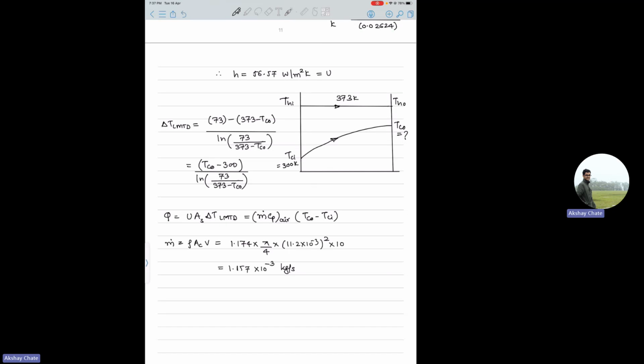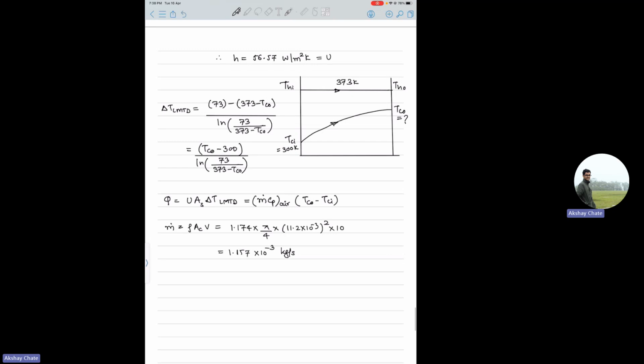Yeah, so 1.156. So that is your m dot. Cp is also given.